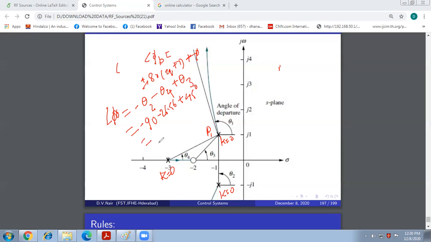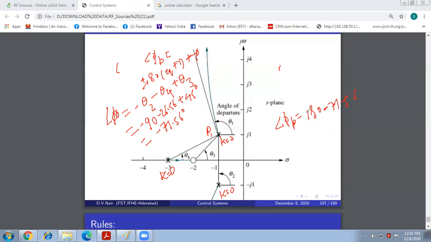So when you do this summation, it comes out to be minus 71.56 degrees. And now when I find the angle of departure of the root locus branch at this particular pole, it will be 180 degrees minus 71.56.